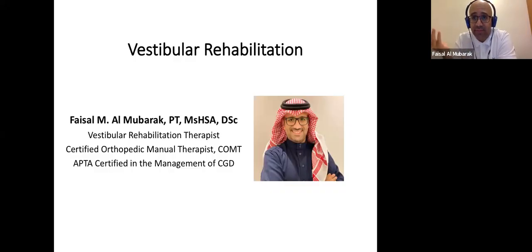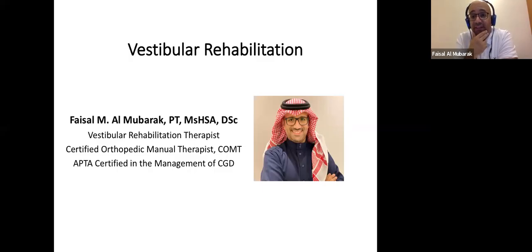As a rehab therapist, I would say either PT, OT, whatever your specialty is in rehab, you are looking at how you can make this person independent again. How can you work hard in developing or enhancing the quality of life of this person? So here we are looking at the functionality of the body.